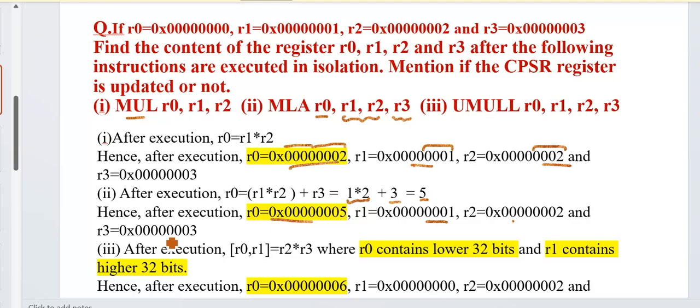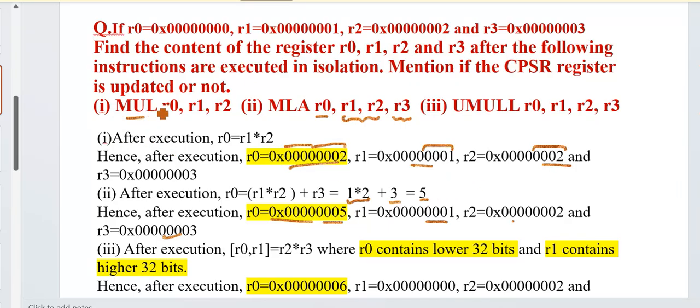Only R0 is updated, with the multiplied value after accumulation with the R3 content: R0 is updated with 0x00000005. This is the answer. And here mention whether the CPSR is updated or not. Since these are arithmetic instructions, if the result is 0, the CPSR would get updated.